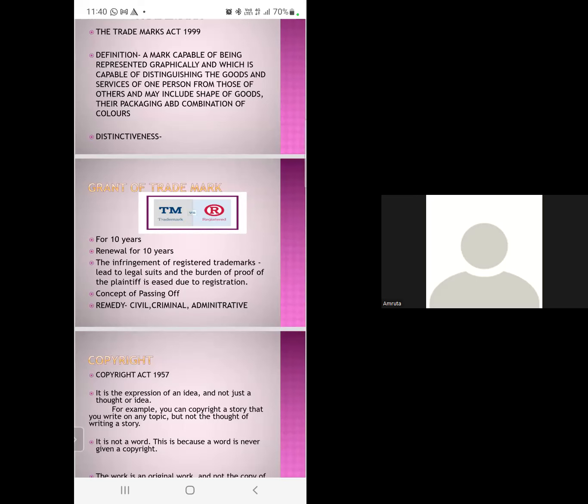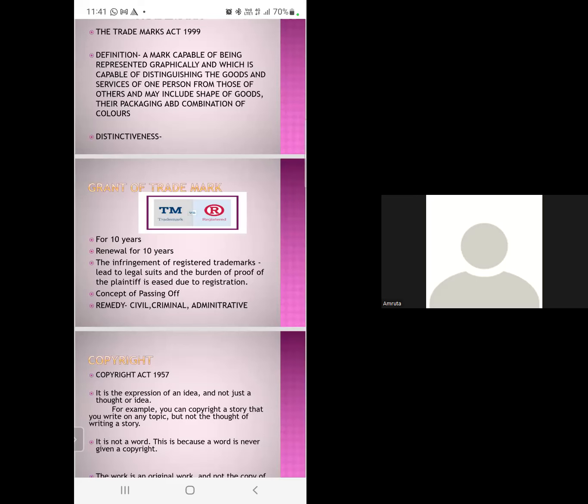Till you get the trademark, you will find TM written on the product, on the logo. However, once the trademark is granted, they write R, which is registered. So TM is the trademark you have applied for and which has not yet been granted. Once it is granted, you will find they have written R.